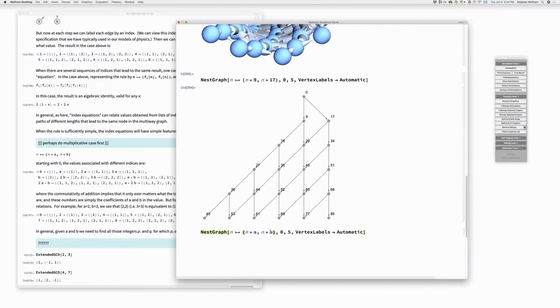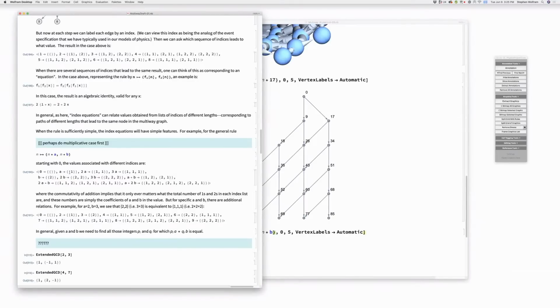And I've got this code here, which is showing which branch number, the ones and twos. You understand the notation. This means go down the one branch and then the two branch. This means go down the two branch, then the one branch. So a plus b you can get to by going either down the one branch and then the two branch, or the two branch and then the one branch. It's commutative. Makes sense.